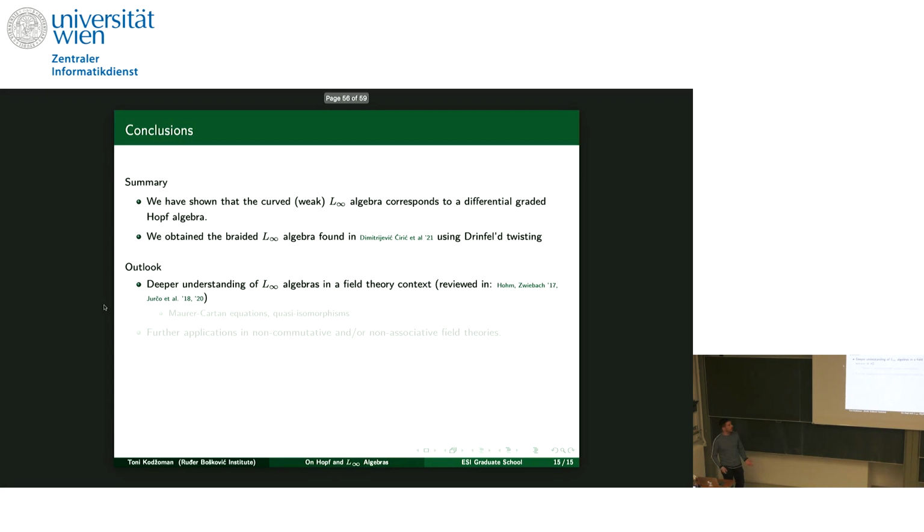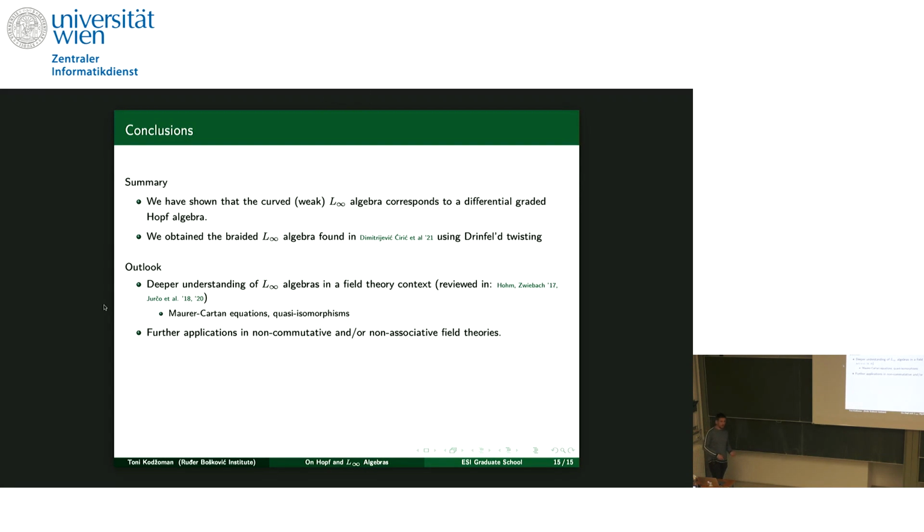Some outlooks are, well, L-infinity algebras are always useful in physics, so a deeper understanding of either field theory, quantization issues, maybe even gravity is possible. Maurer-Cartan equations could also come into play here, as they effectively represent equations of motion in field theories, and also quasi-isomorphisms, seeing as they relate physically equivalent theories to one another, could bear some new fruit in the future.